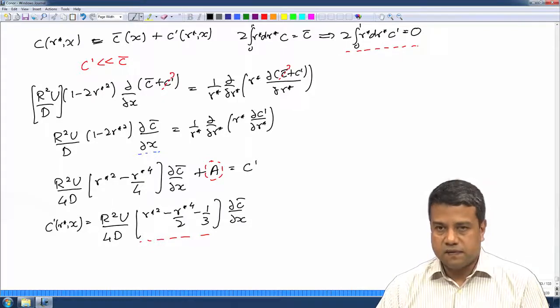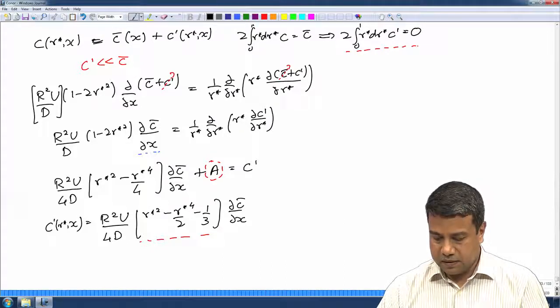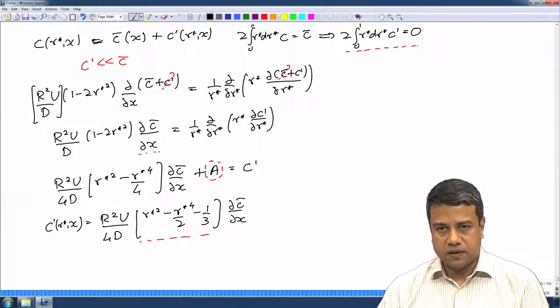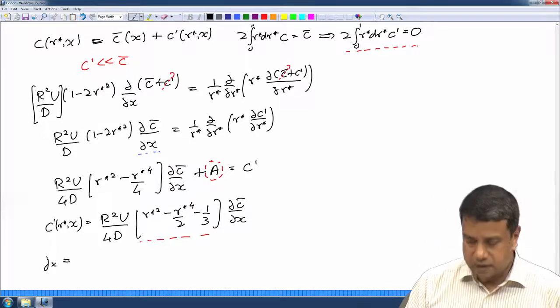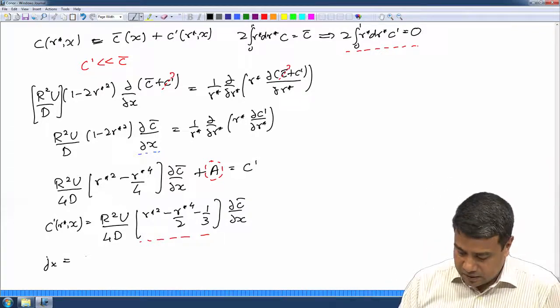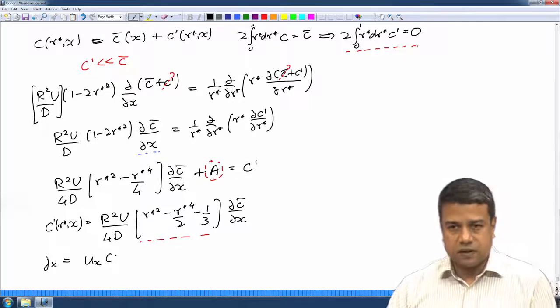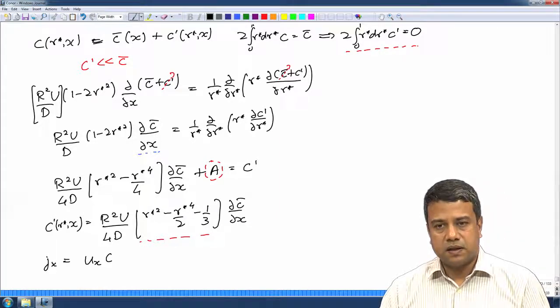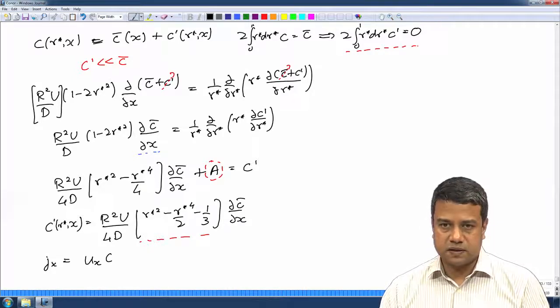What is the additional flux due to this correction to the concentration field? We know that the flux due to convection, Jx, is just equal to the velocity times the concentration. The local flux is equal to the velocity times the concentration.